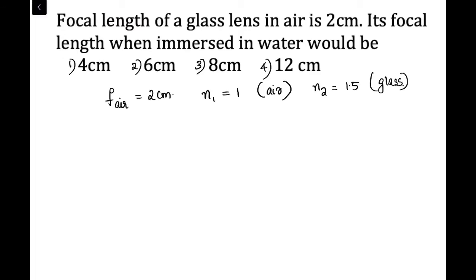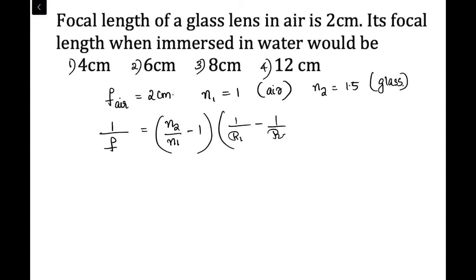I wrote this because we have a formula: 1/f = (n2/n1 - 1)(1/r1 - 1/r2). This is a very important generalized formula, so you have to study this. Here the focal length in air is 2.